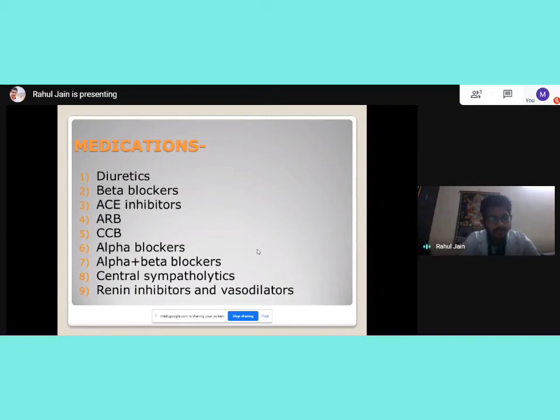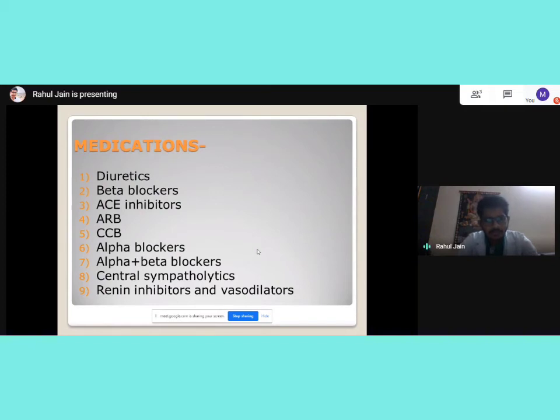ACE inhibitors are very important. We have famous ACE inhibitors: captopril, enalapril, fosinopril, perindopril, all the prils. And then coming to angiotensin receptor blockers, we have telmisartan, losartan, candesartan, irbesartan. And calcium channel blockers, we have amlodipine, nifedipine, all those drugs.